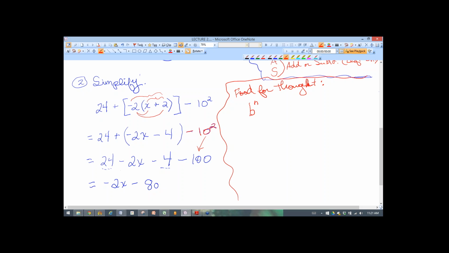The exponent applies to whatever it's directly attached to. So n is attached to the base. Okay? So then in this case we would actually multiply b times whatever times b, what? N times, right?